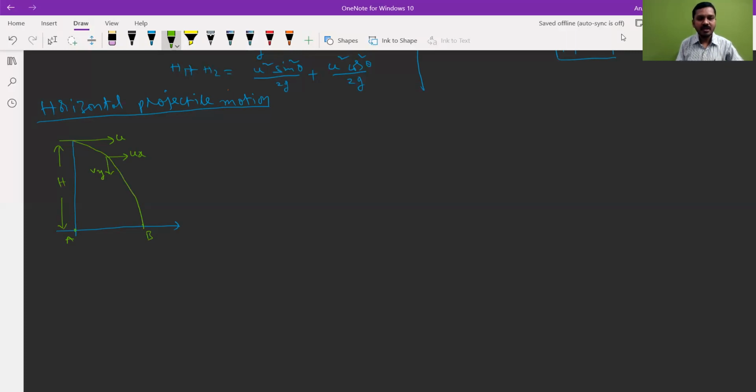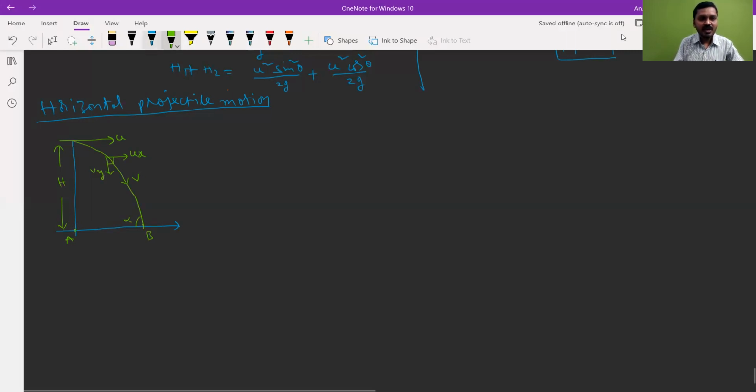From that equation we can calculate. And the resultant of this vx and vy is v, with this velocity v finally the body reaches the ground level, and it makes an angle alpha with the ground level.